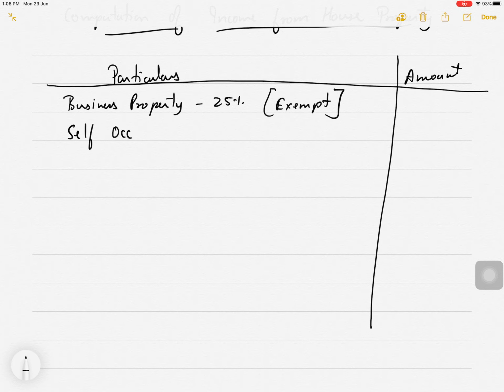You are not supposed to show it here, business property 25%, it is exempt, right? Then self-occupied property, which is 25%.